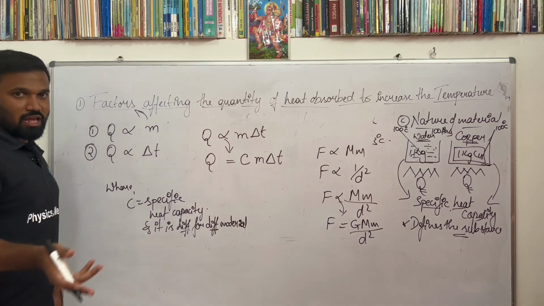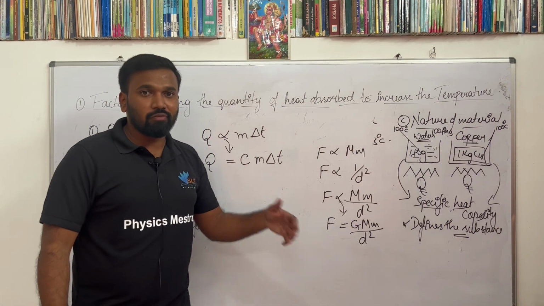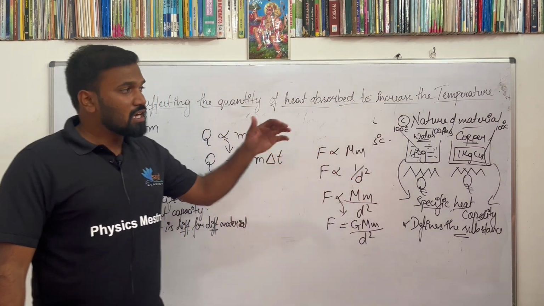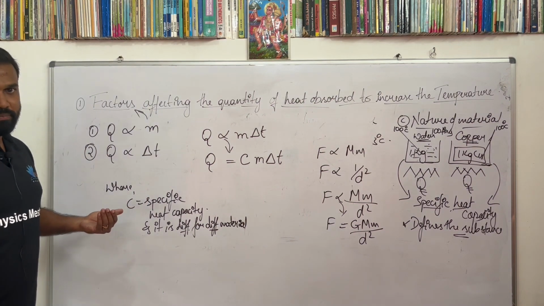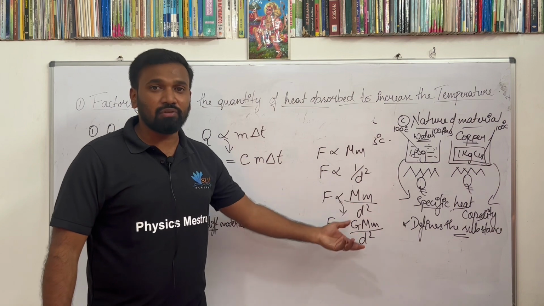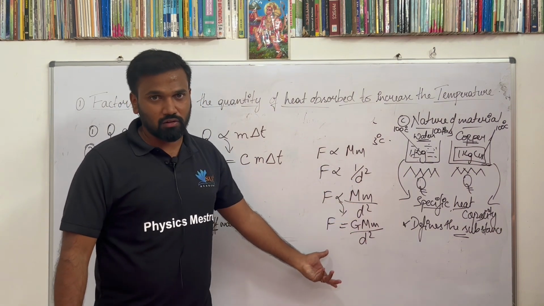For water the value will be different, for copper the value will be different, aluminum value will be different, and wood value will be different. So it depends on the material. Clear? But in the gravitation formula this G will remain the same. It is universal, that's why it is called the universal gravitational constant.